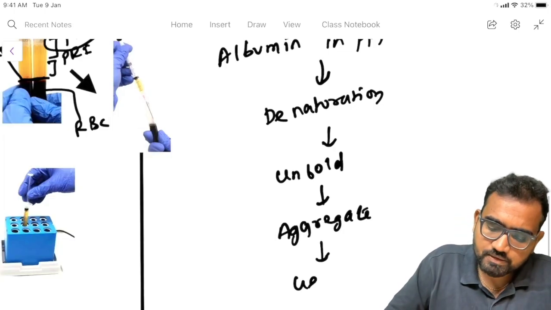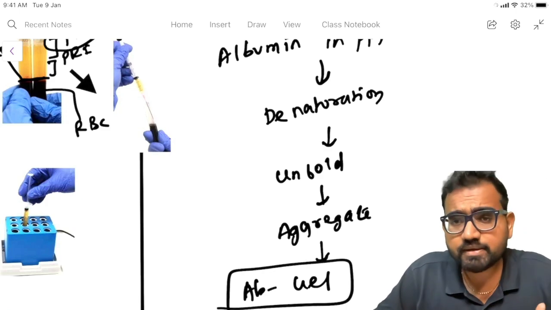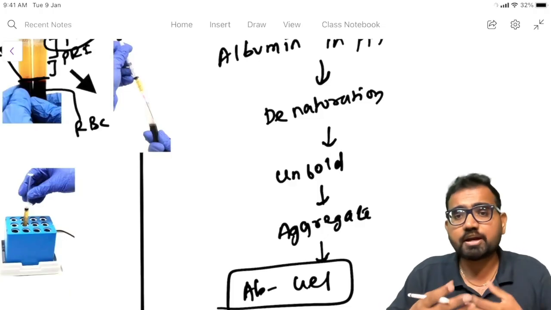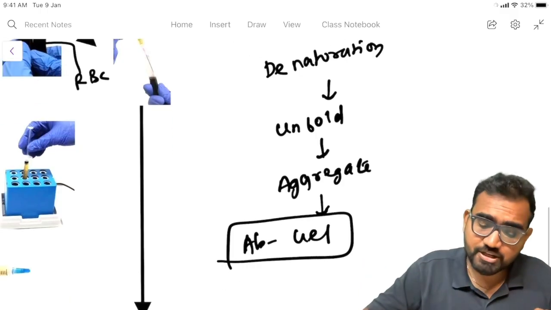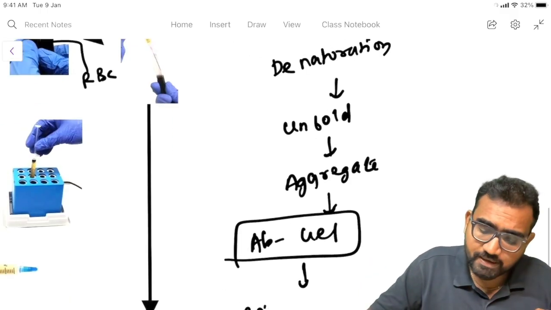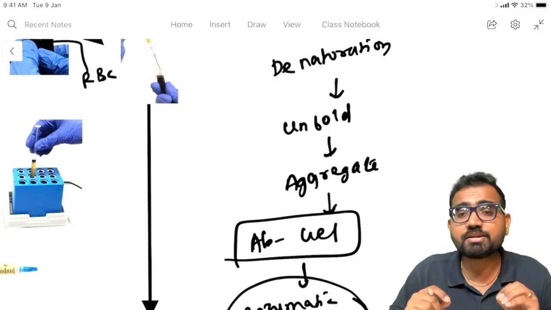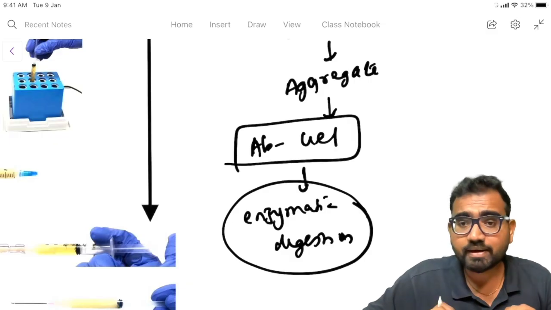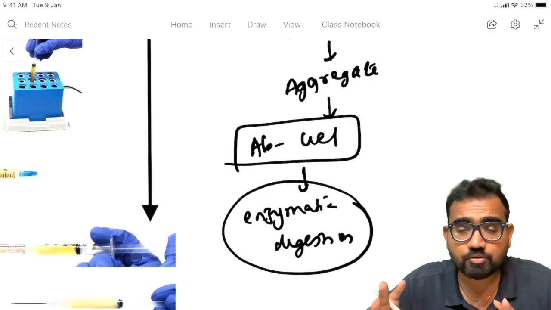So an albumin gel is formed by heating the PPP layer. This gel is extremely resistant to enzymatic digestion, and that is why it has a longer resorption rate. I'll tell you how many days or months it will last.